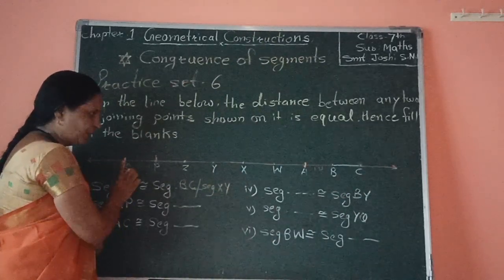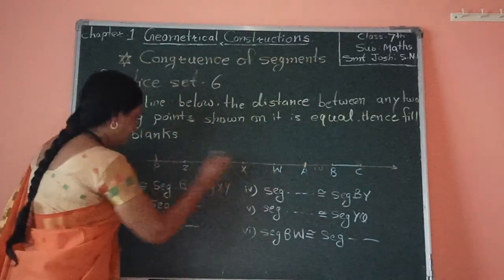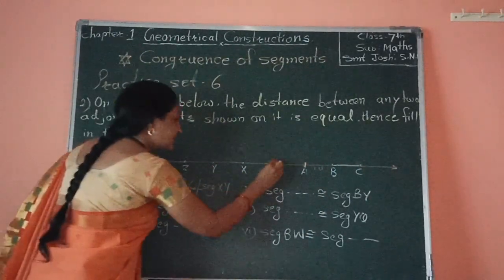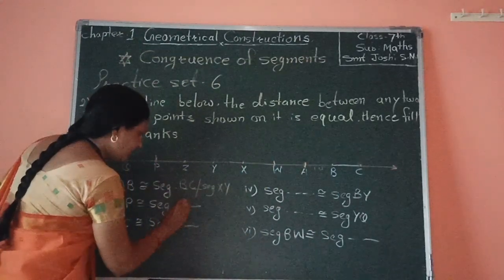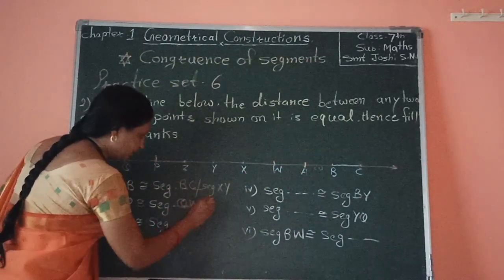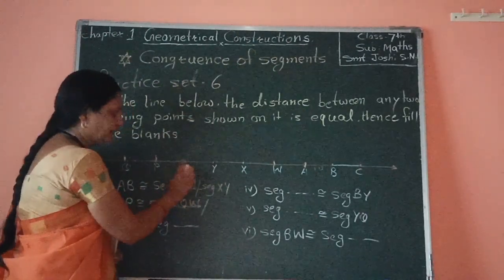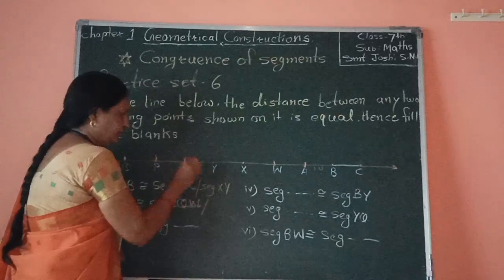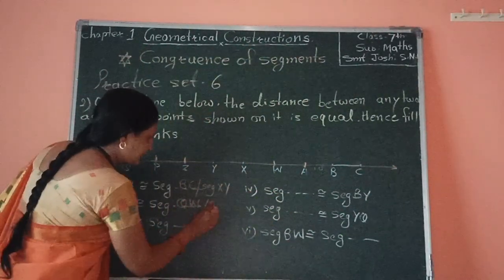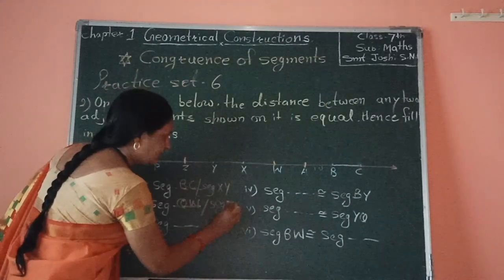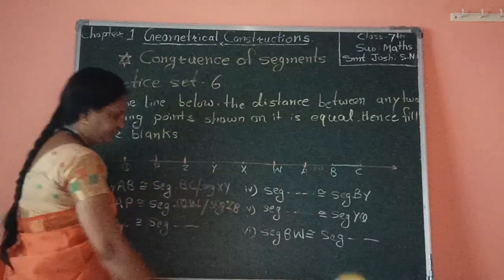From point Q, 1 unit, 2, 3, 4 and 5 means the name of the line segment is seg QW, or you can write from Z, 1, 2, 3, 4, 5 means seg ZB also.